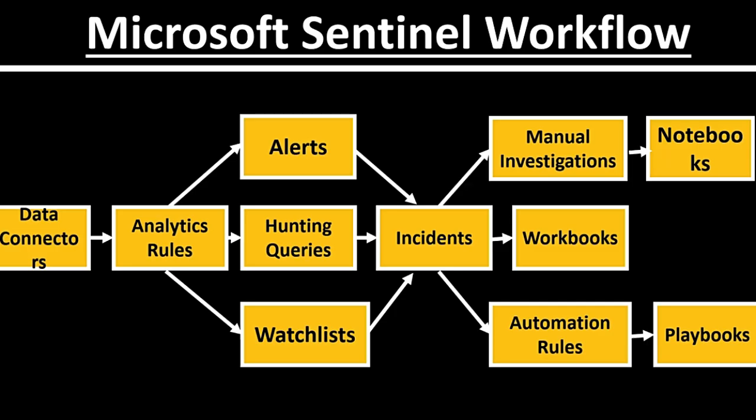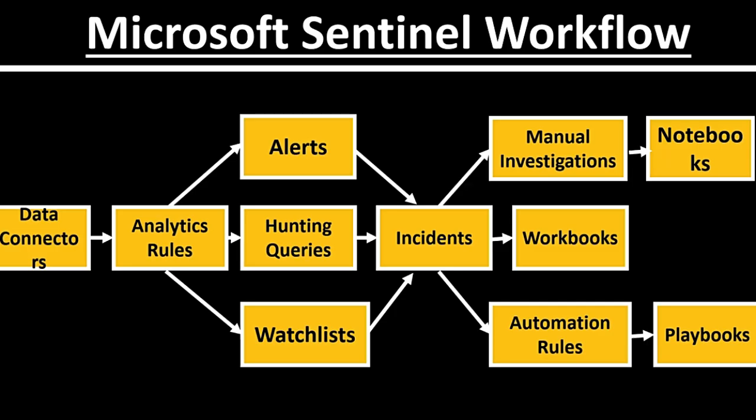When an analytics rule detects a security issue, it triggers an alert. This alert contains details about the detected event such as affected users, devices, IP addresses, and timestamps. Then alerts are grouped into incidents which act as case files for investigation.